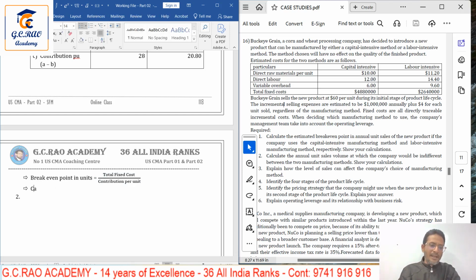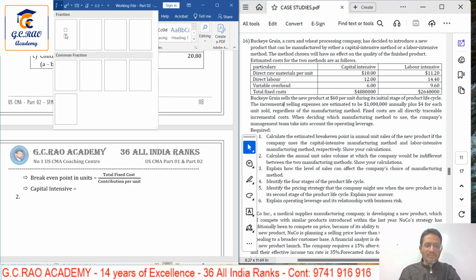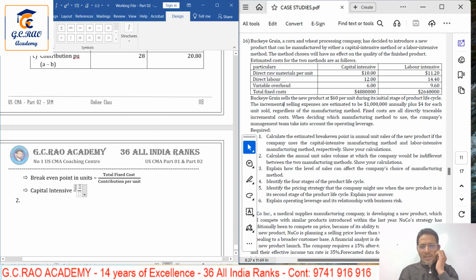Below that, capital intensive is equal to. Check out, total fixed cost. Manufacturing fixed cost for capital intensive how much? 48,80,000 plus fixed selling how much? 10 lakh. All divided by contribution per unit 28.